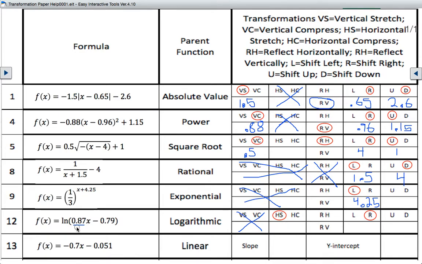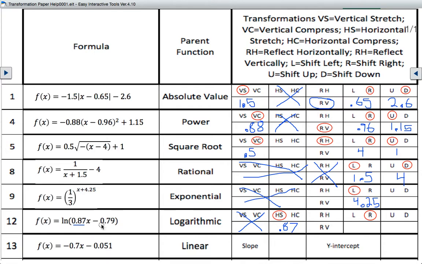Now, horizontal stretching and compressing, because I'm multiplying the x directly by some number, that's going to be a horizontal stretching or compressing, and if it's a number less than 1, it's going to be a stretch. If it was greater than 1, it would be a compression. Okay, horizontal stretching and compressing is the opposite of vertical stretching and compressing.